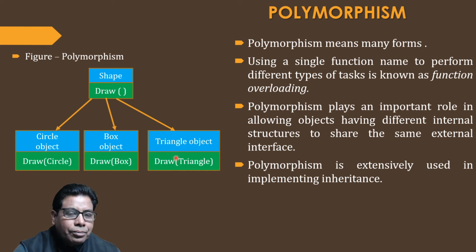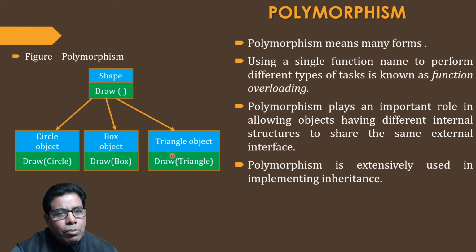In this way, a single function name performs different types of tasks. So this is called function overloading. So here the function draw is overloaded. That means it is not only performing one task, it is performing the task of drawing different objects.